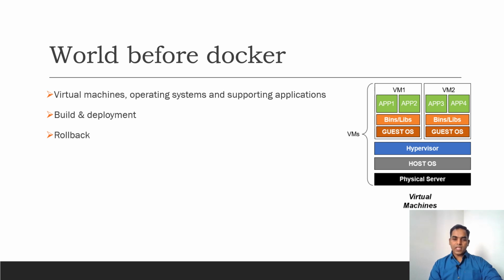Each virtual machine has its own operating system and supporting applications. This is the structure of a virtual machine, in case you do not already know. And on one host machine, there could be multiple virtual machines.